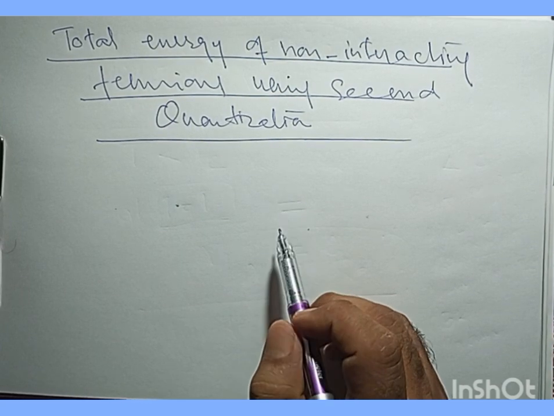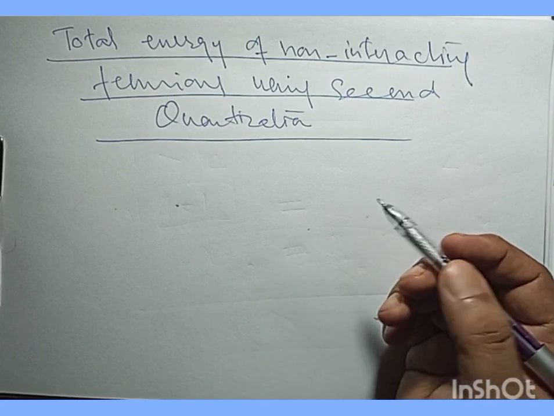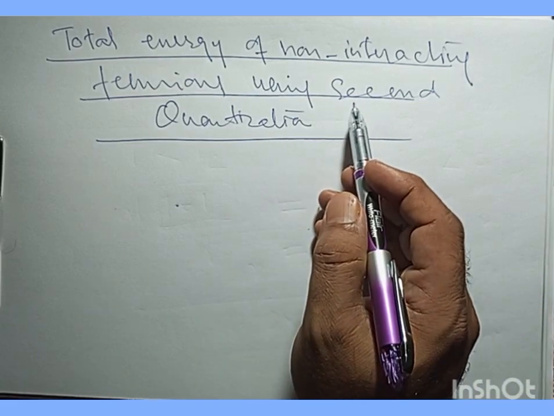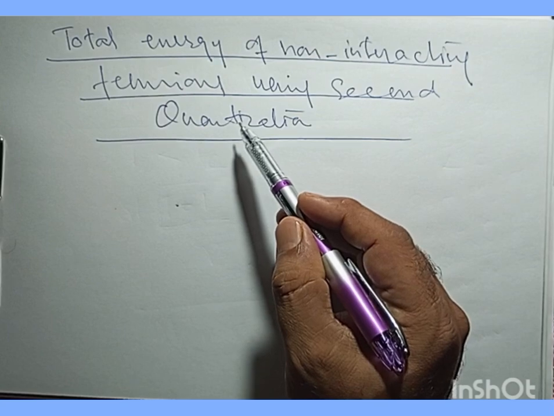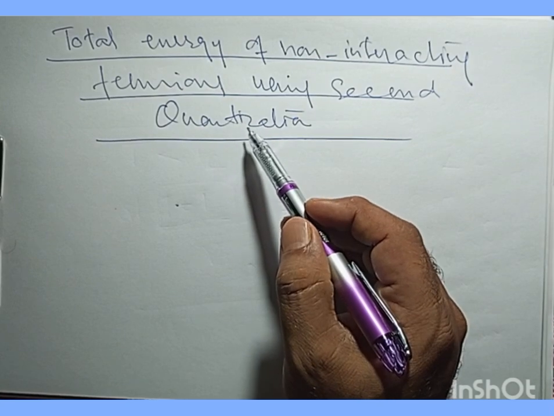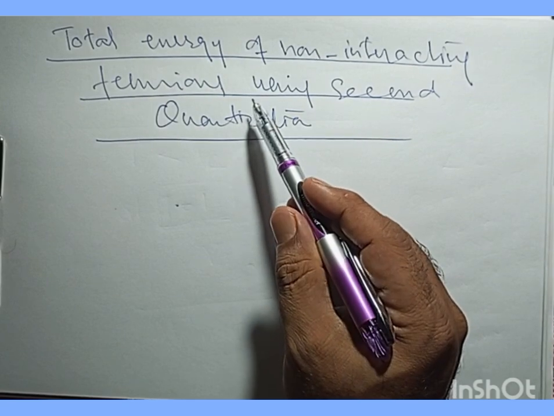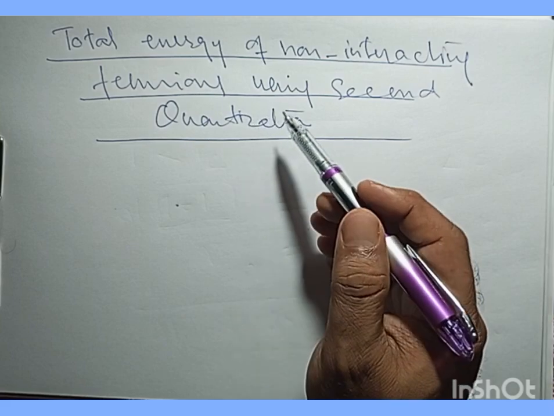What is important here is that I would like to give the statement of this problem. We have a non-interacting gas, and this gas is made of fermions, and for the sake of argument, let's assume them to be electrons.